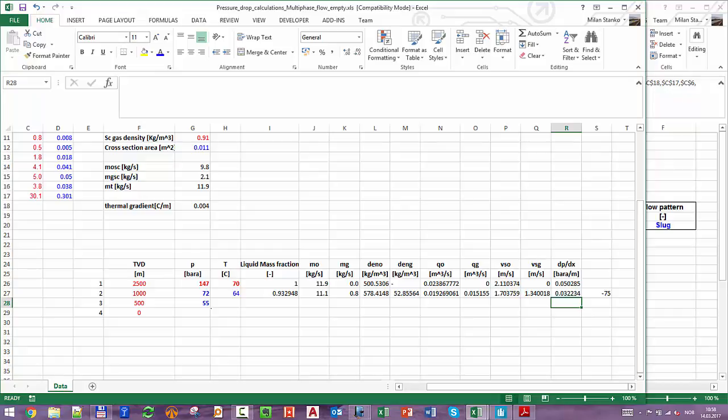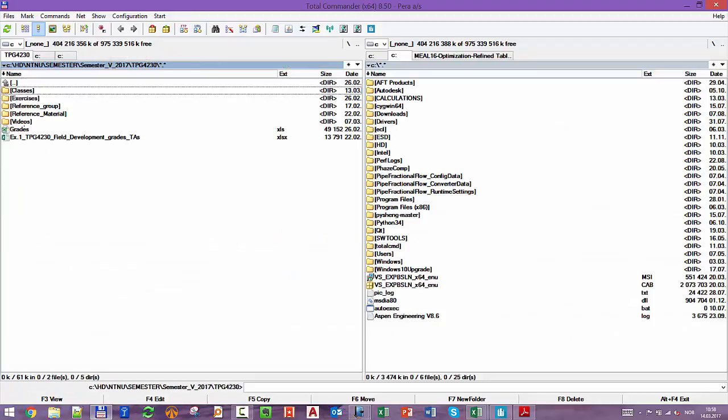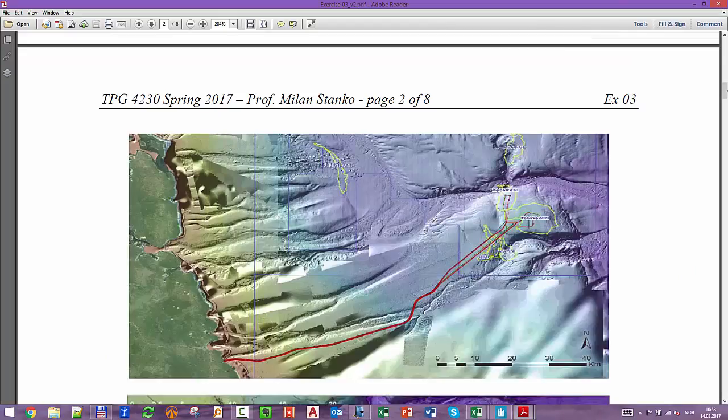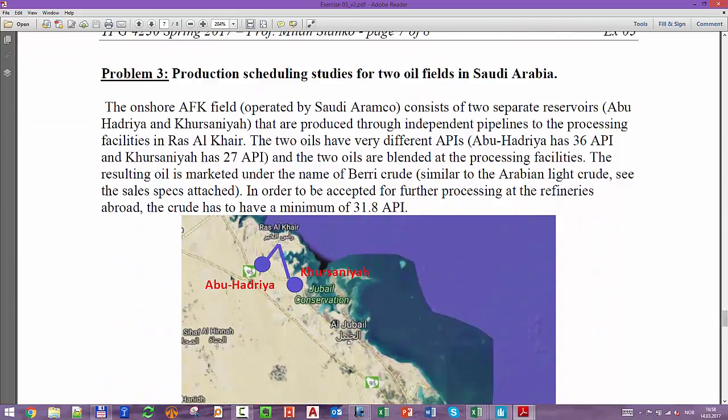Yes, so before we close, there was one comment I got during the break about exercise 3, set 3. This one, about this problem of these two reservoirs, Abu Hadria and Khurasania.